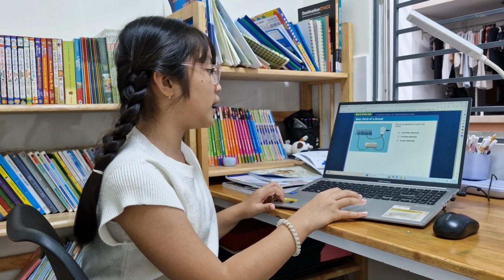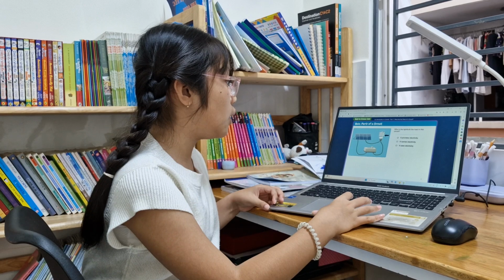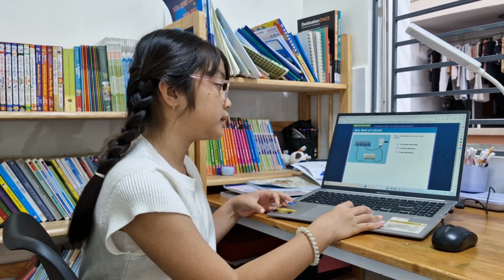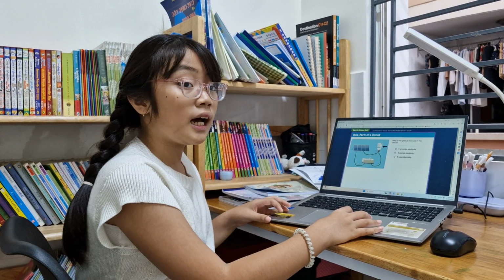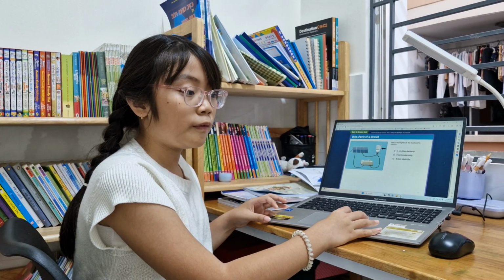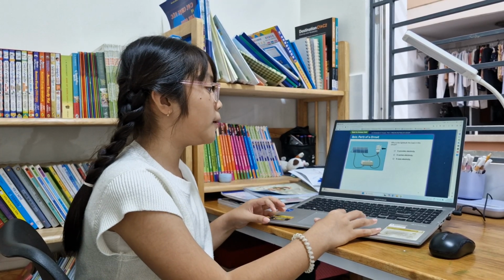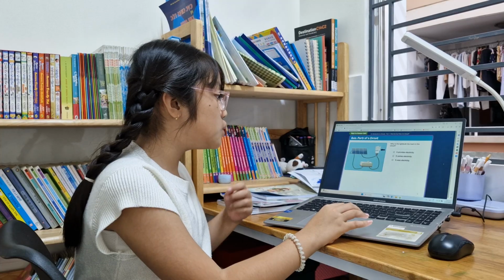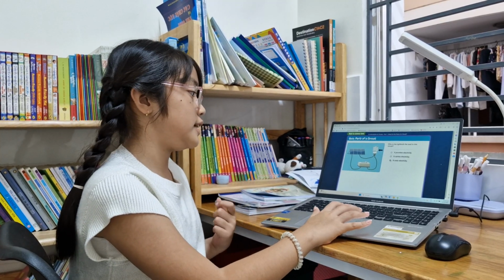Why is the light bulb the load in this circuit? Because, as I mentioned before, it uses the electricity.